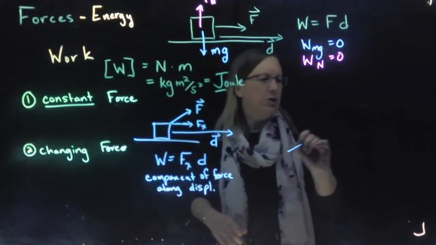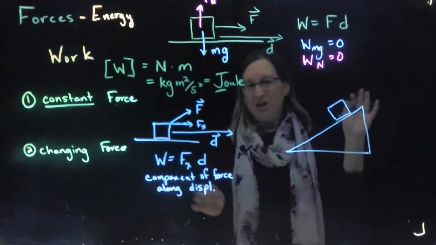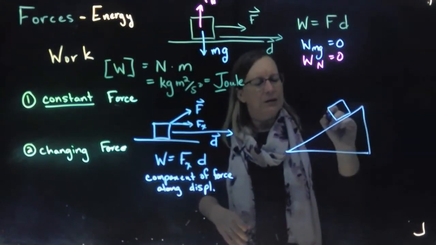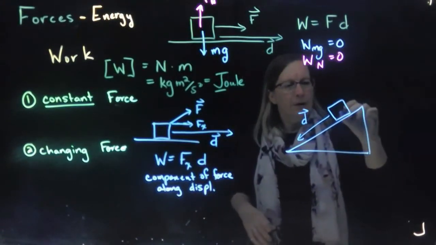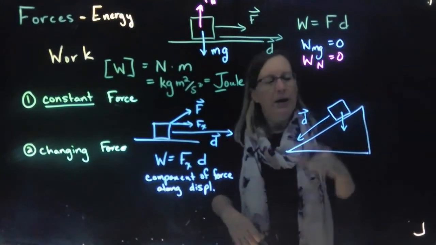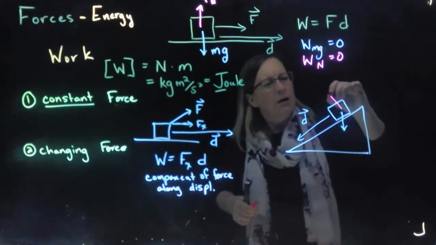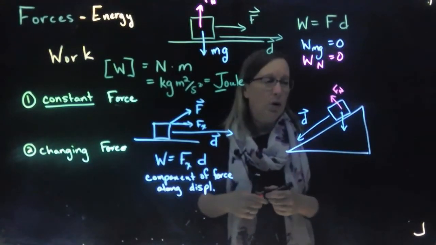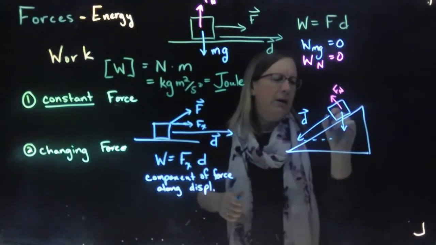Or we could have a situation like this. We have a block on a magical frictionless surface. It starts at rest, we let it go, it obviously slides down this way, that's the displacement. But its weight, the component of weight along the plane is what's driving it down. If we notice, we have a normal force here, and in this case, because it's perpendicular to the displacement, it doesn't do any work. But the weight does, and we have another way to calculate this.